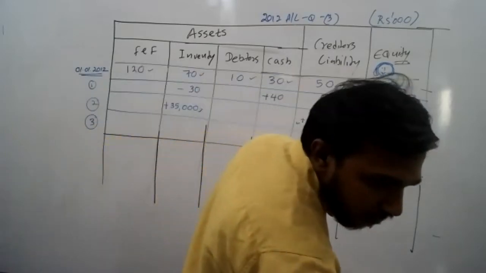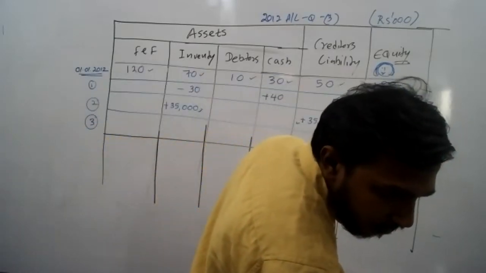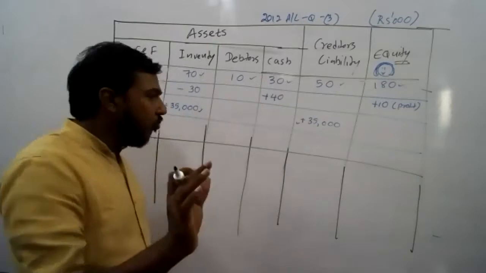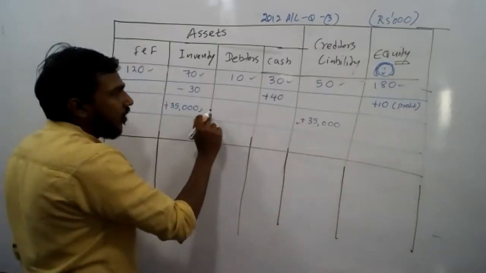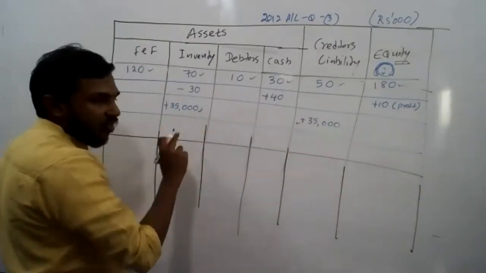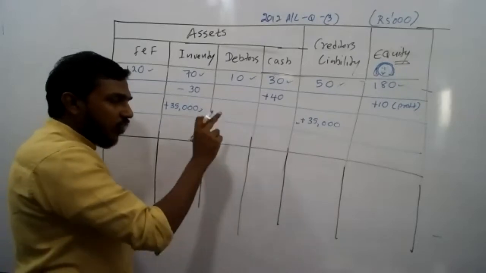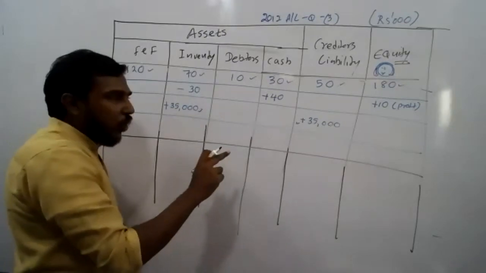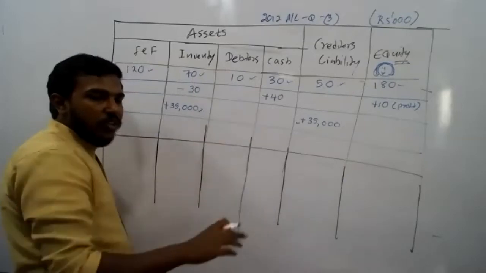Clear? You purchase some goods in the second transaction. Out of these goods, you are going to return 5,000 worth of goods.